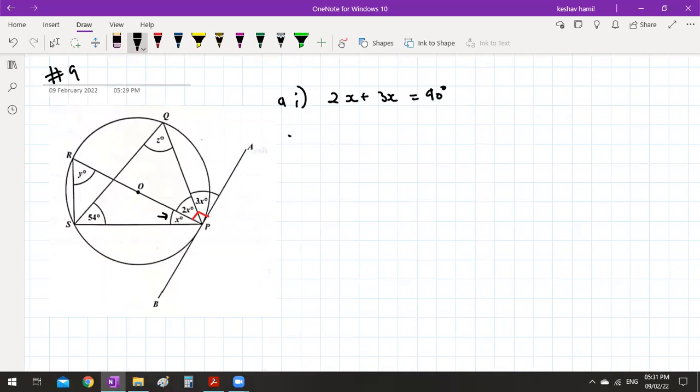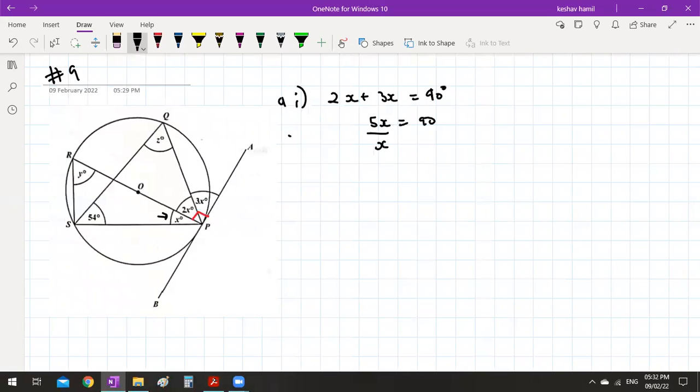And that's because of the rule that says when a tangent touches the circumference of a circle, from that point of intersection, which is P in this case, to the center, we form a right angle. So that means that 3x plus 2x will be equal to 90. So that means that 5x is equal to 90.